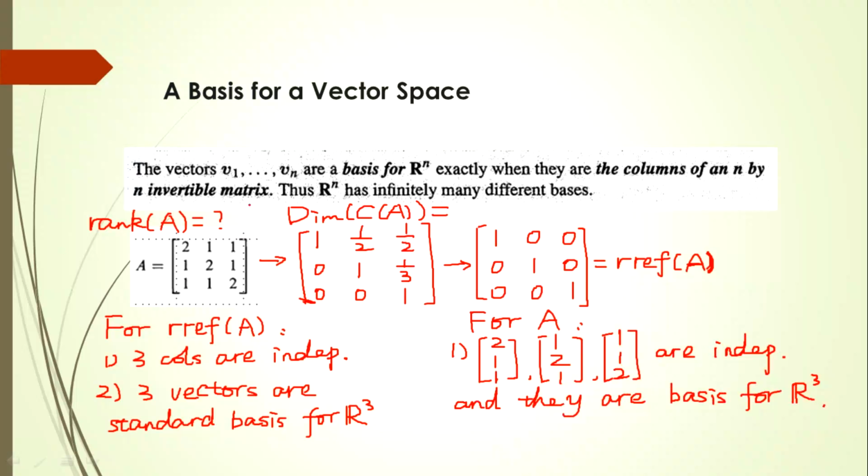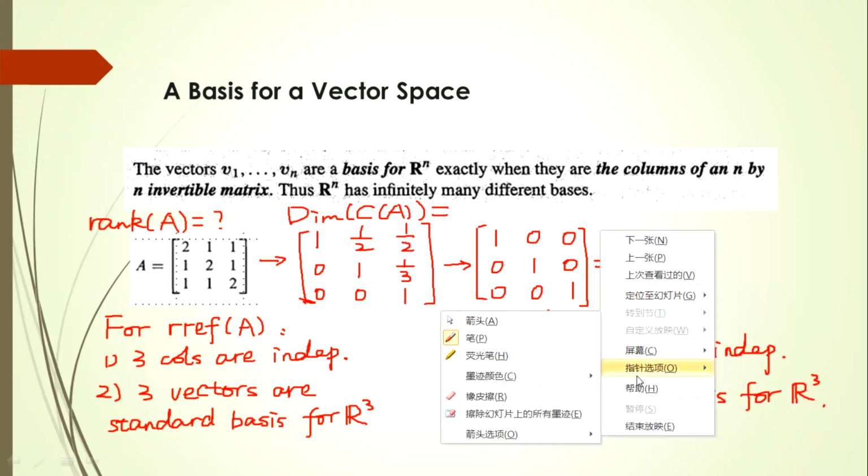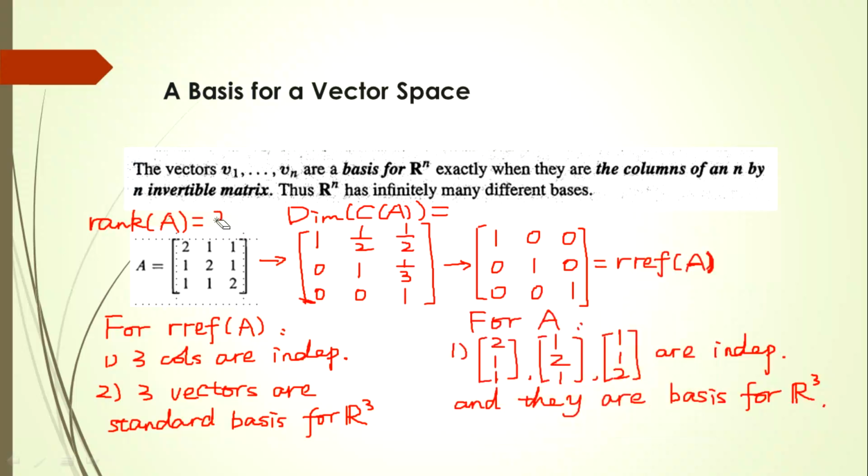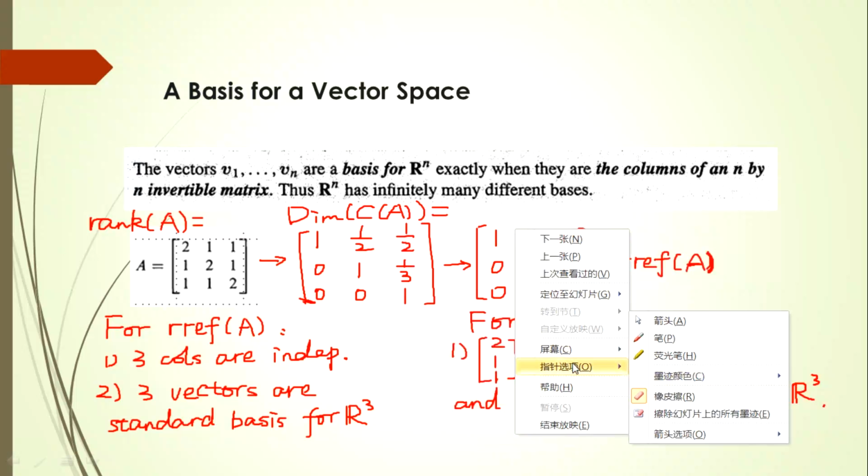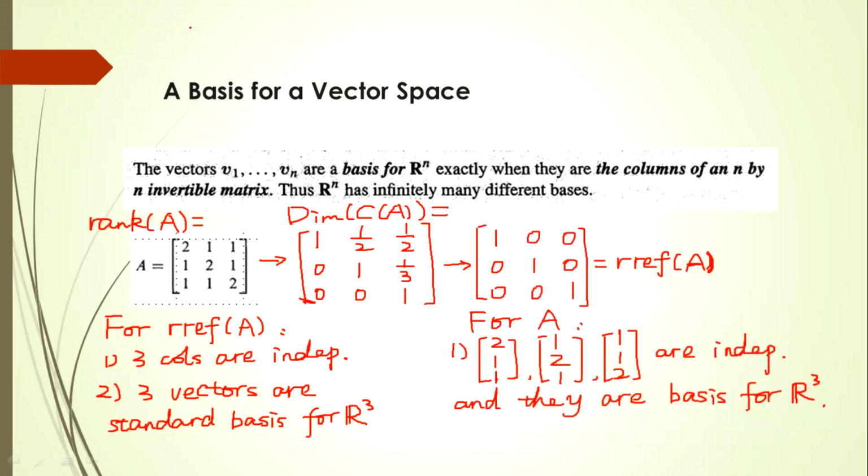Now let's go back. What is the rank for A and what is the dimension for the column space? The rank is 3, right? Because in the RRE form, there are 3 pivot columns, independent columns. The dimension of the column space for matrix A is also 3.